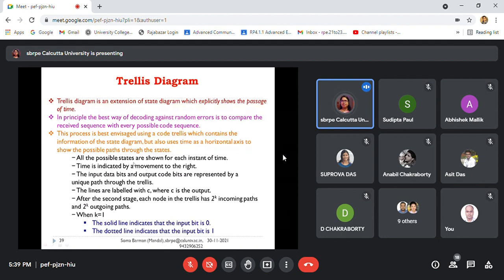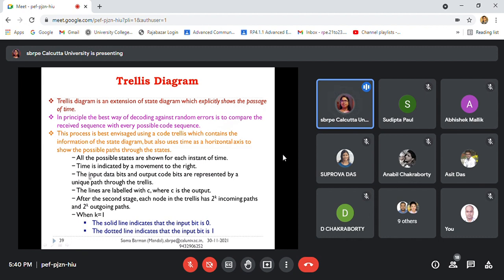All the possible states are shown for each instant of time. Time is indicated by movement from left to right, like your tree diagram. As the time advances, you are moving from left to right, similarly in the trellis diagram.